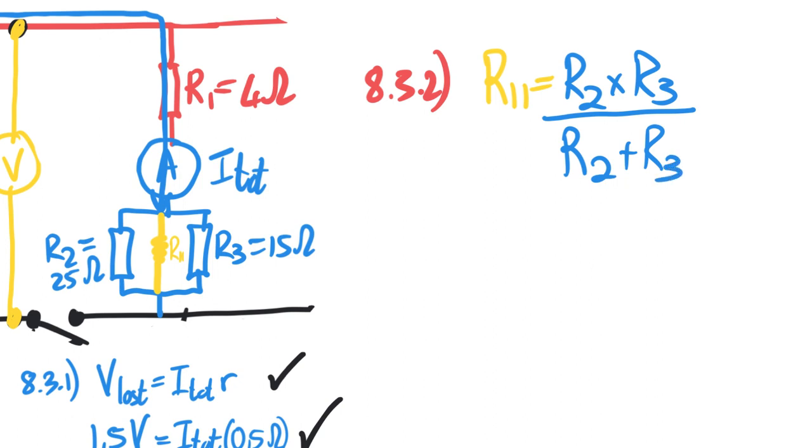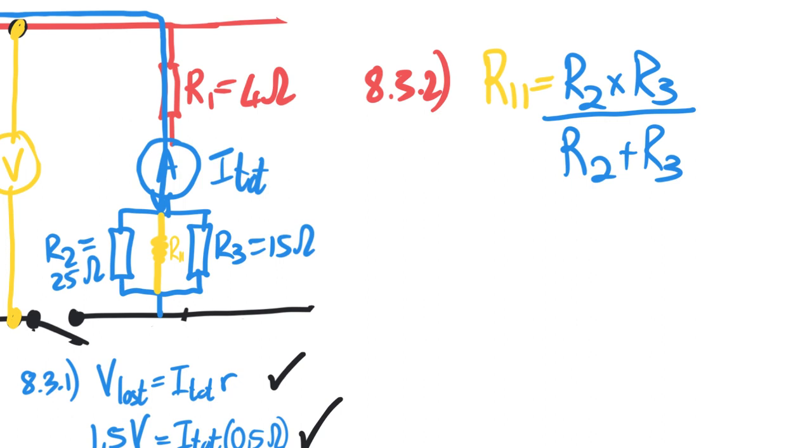Now, I specifically and explicitly state two resistors. You may only use this for two resistors. You do not get this formula on the formula sheet. You get the reciprocal formula, 1 over R parallel equals 1 over R1 plus 1 over R2 plus 1 over R3, etc.